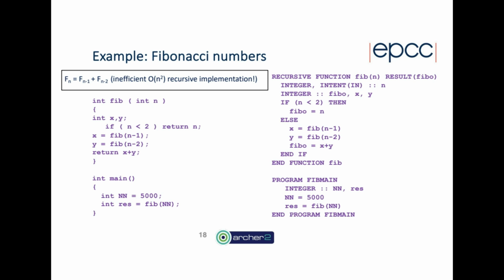I strongly recommend that you don't rely on the default behavior for data scoping, so use default(none) both for parallel regions and for tasks. You can put a default(none) clause on a task, and then that forces you to explicitly declare everything that's accessed inside the task as shared, private, or firstprivate.